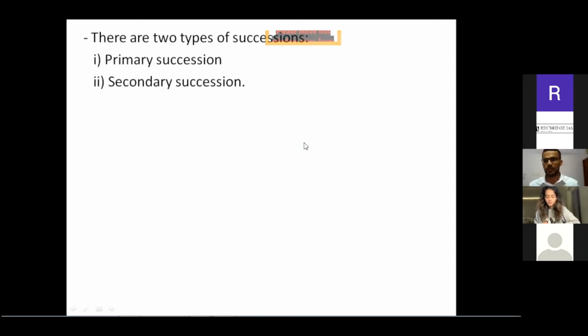Now, secondary succession. So what is secondary succession?